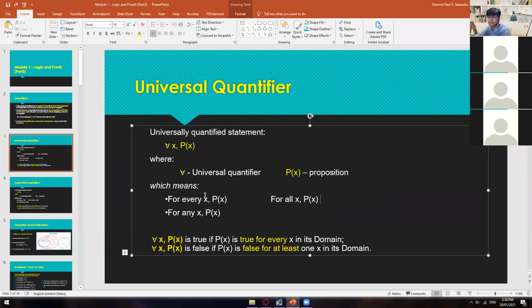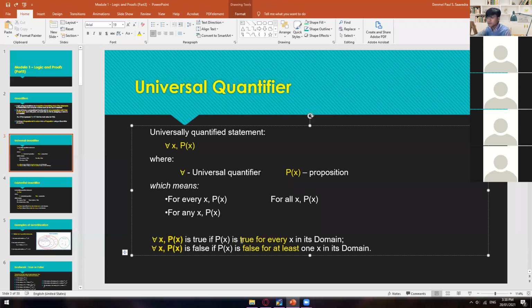Hearing the word universal, you might already have an idea. You can read universal in 3 ways. Universal x, P of x is true if P of x is true for every x in its domain.